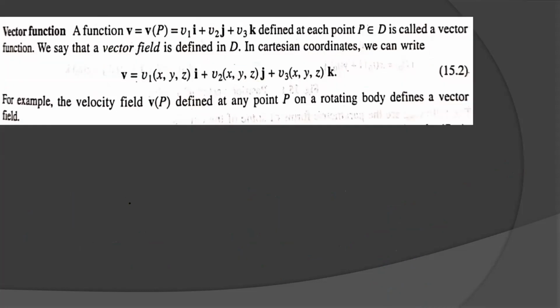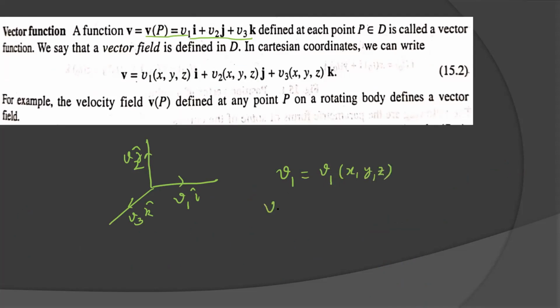Second is a vector function. Taking P again at (x, y, z), I am writing v1 i plus v2 j plus v3 k, which means we have three components v1, v2, v3. Remember, v1, v2, v3 are functions of x, y, z.